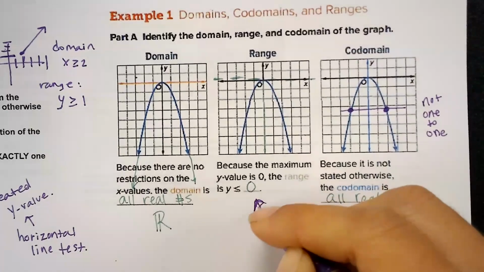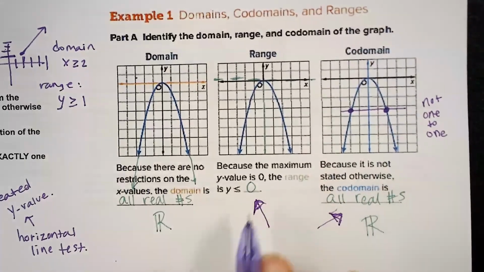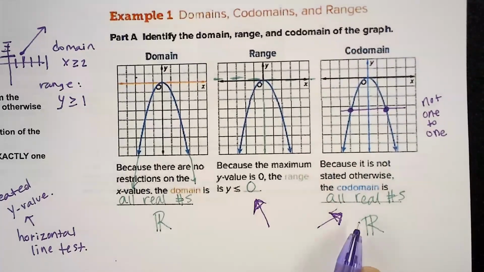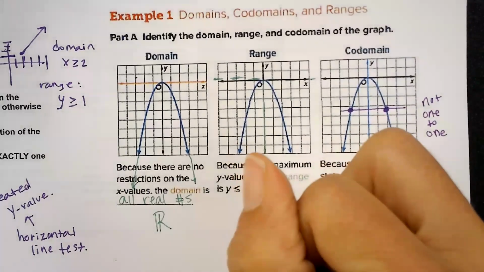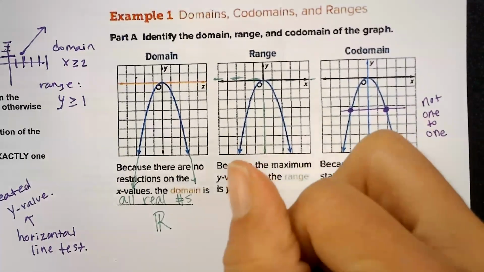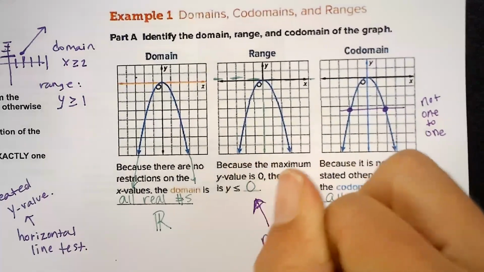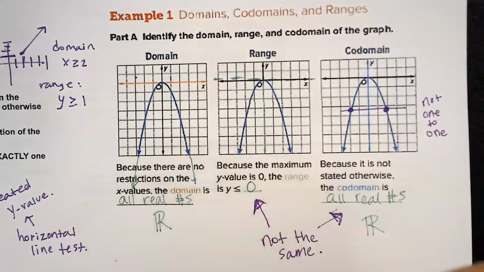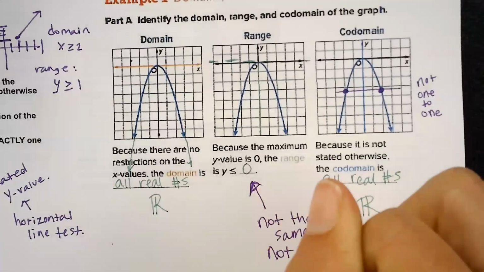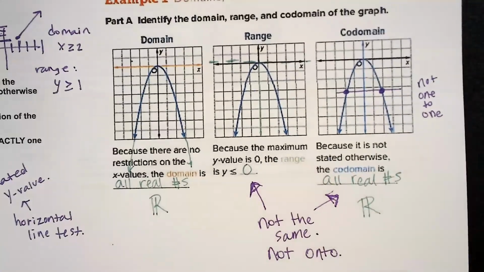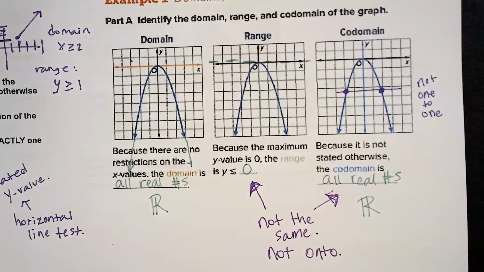So since those are different, the range and the codomain are different, it is not onto. To be onto, they'd have to be the same.